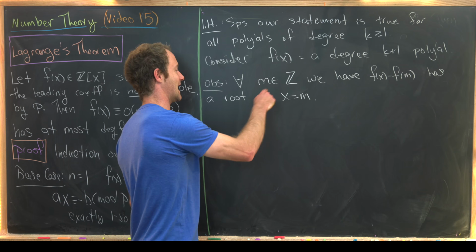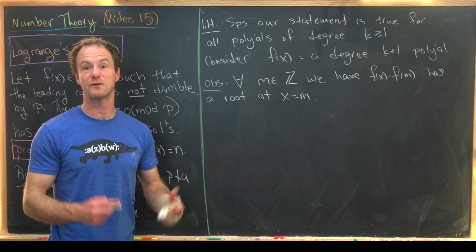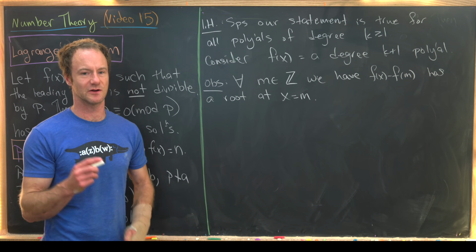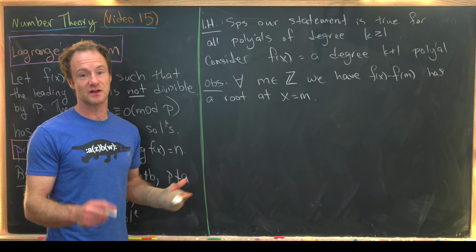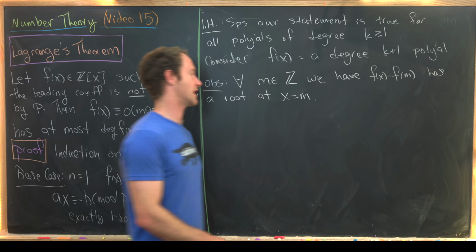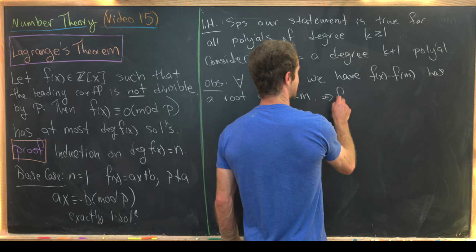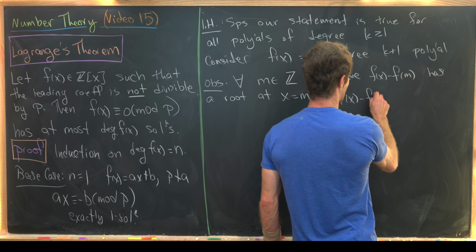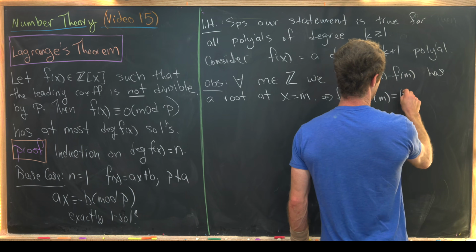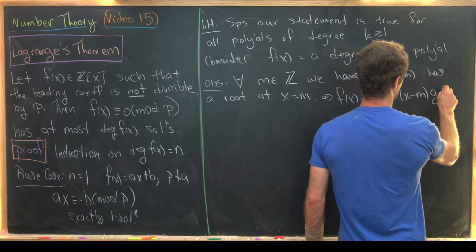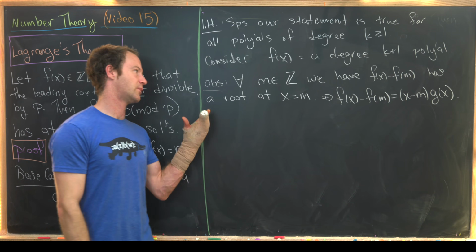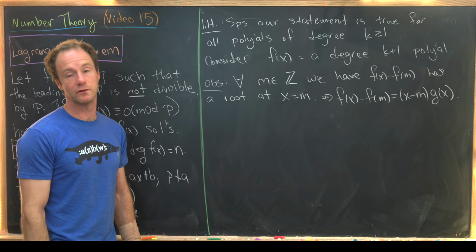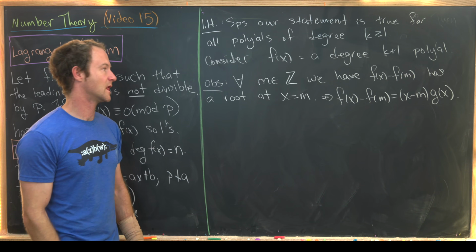Okay, so the fact that it has a root at that point means that we've got some sort of factorization theorem. And then again, this is like from an algebra class that you've probably taken earlier in your life. So that tells us that we can factor f(x) minus f(m) as x minus m times g(x). Again, that's part of what it means to have a root at x equals m.